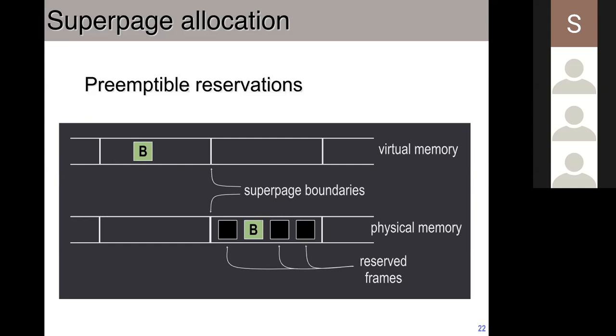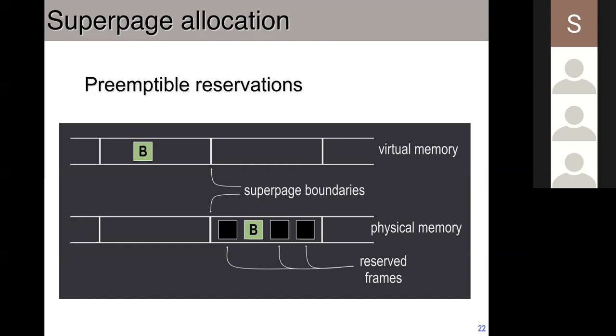So now they're going to reserve 3 base pages near that physical page B as reserved pages. What that means is they're going to say these pages are reserved for the process which is trying to access its page B. I'm not going to allocate these 3 physical pages to any other process or any other object for that matter anywhere else. Okay, so this is like a reservation. I have an opportunity to create a super page of size 4, so I'm going to reserve that space and not let anyone touch it, at least for some time.